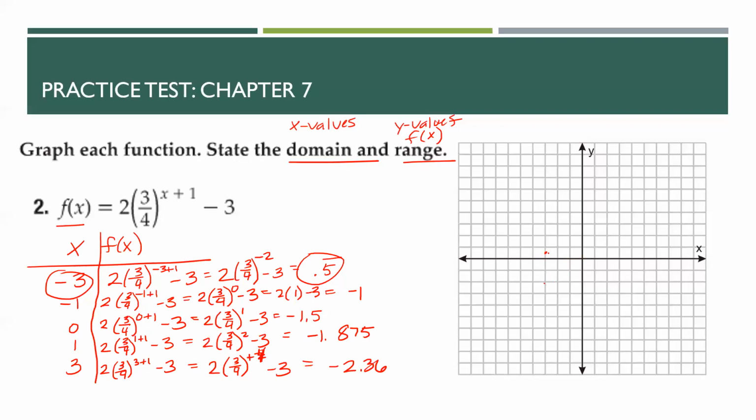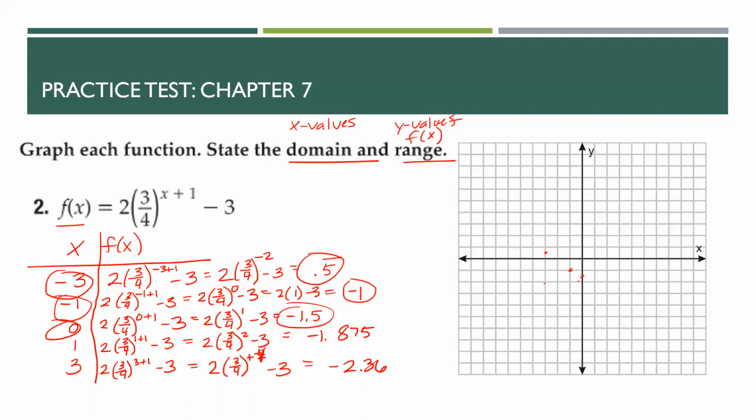And then when x is -1, y is -1. So -1, -1. And then when x is 0, y is -1.5. So that's here.